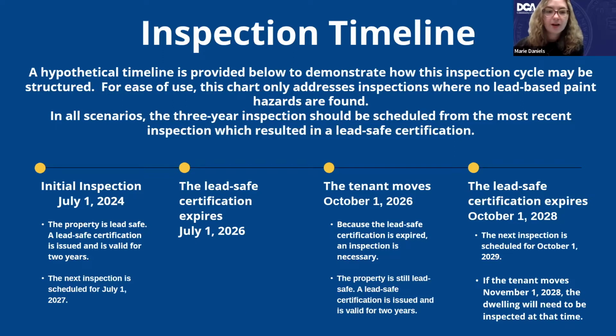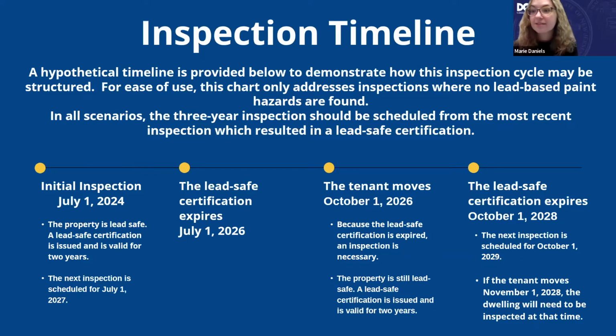So say from there, the tenant moves out on October 1st, 2026. Because that lead safe certification expired, an inspection upon tenant turnover is necessary. Thankfully, in my made-up scenario, the property is still lead safe. So a lead safe certification would be issued again, valid for another 2-year period.